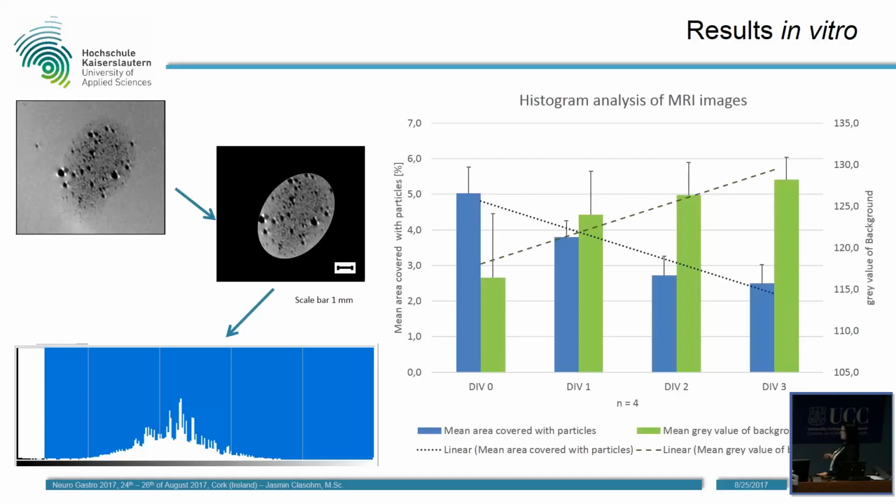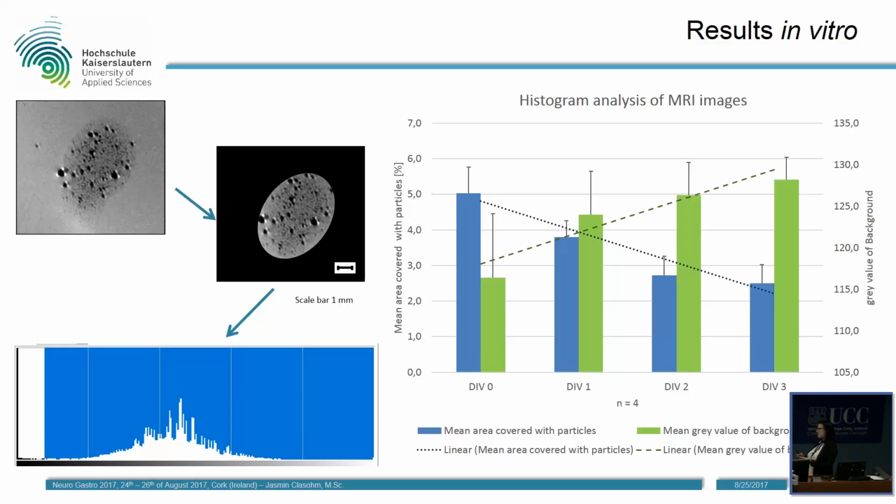What can we see in this graph here? We can see that the mean area which is covered, the mean area of this ECM spot, of course, which is covered by the particles or the neurospheres in our case, is getting less during the culturing, and the mean gray value of the background increases.